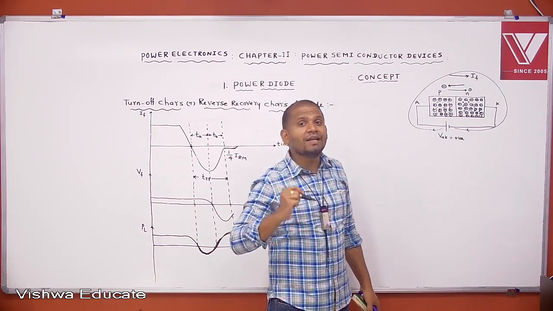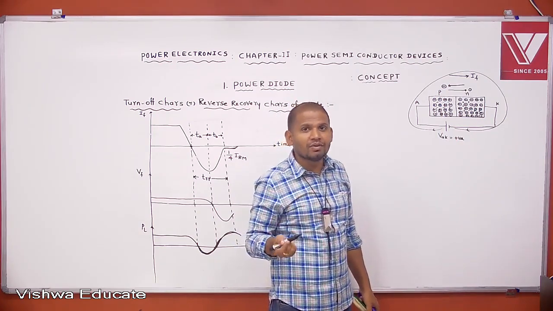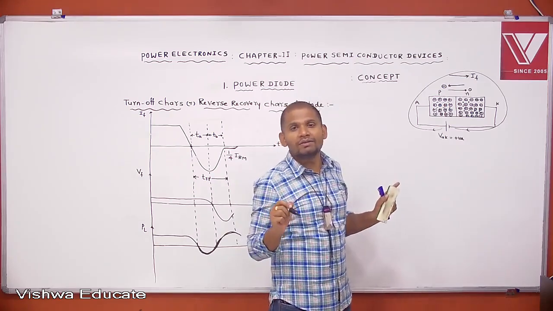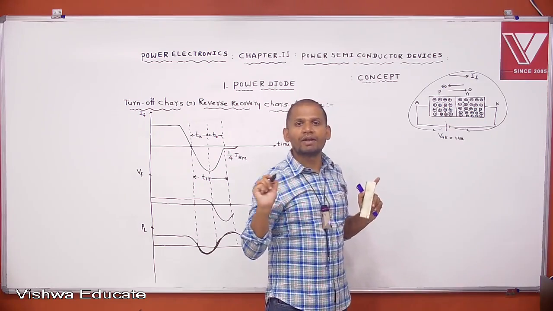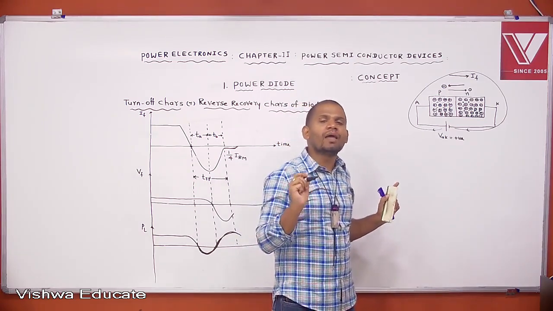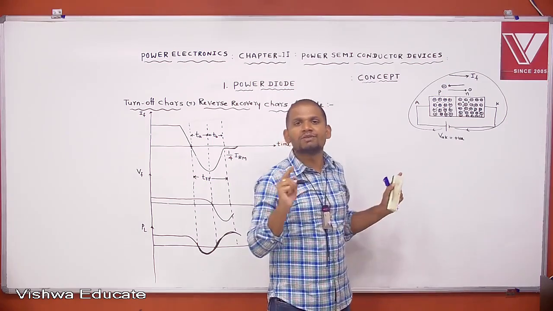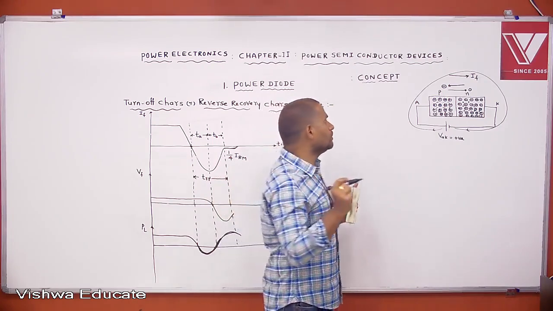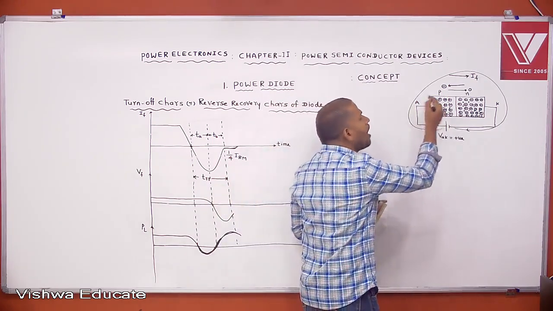Because majority carriers are crossing the junction, we are getting a high anode to cathode current that is treated as a forward current. The direction of that forward current is externally from anode to cathode, that is, positive to negative.